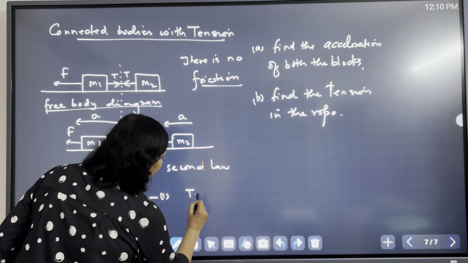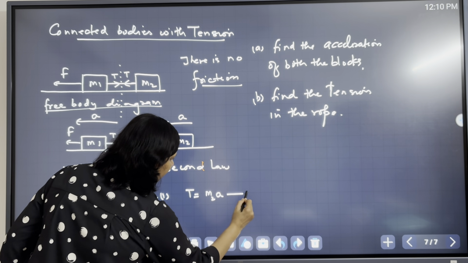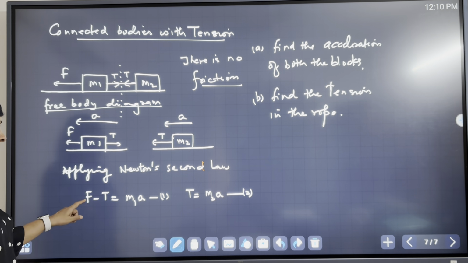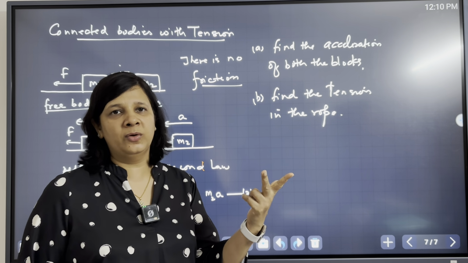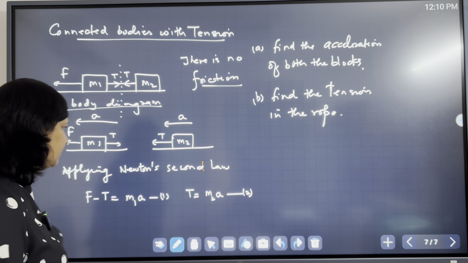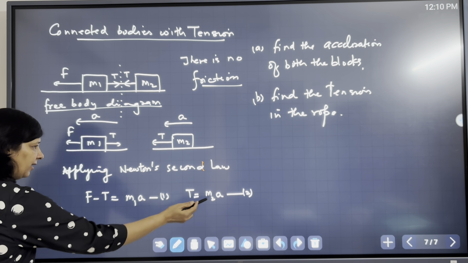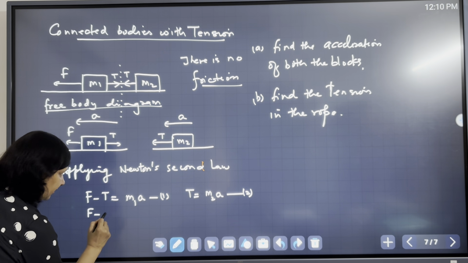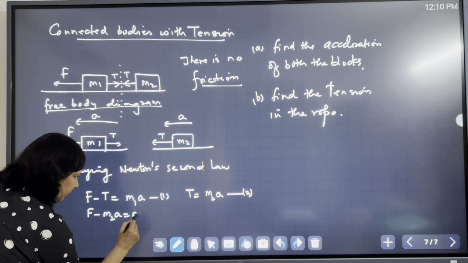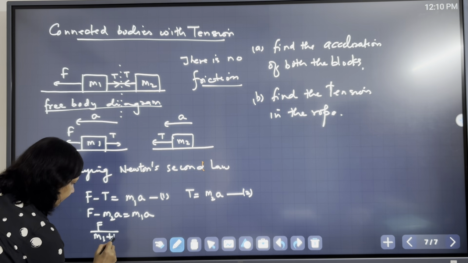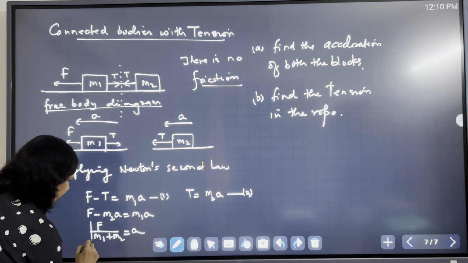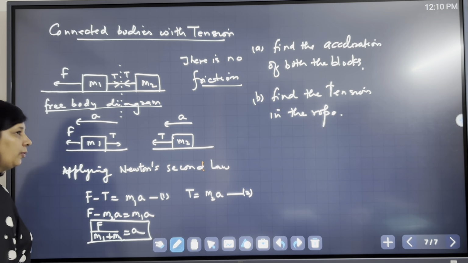Second, T is equal to M2 into A, equation 2. Now F is given to you. There are two unknowns, T and A, and there are two equations. You can solve the simultaneous equations. Substituting the value of T into the first equation, you will get F = M1A + M2A, so A = F over M1 plus M2. This is the acceleration with which both the blocks will move.